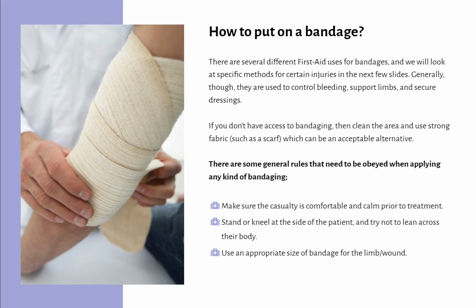There are some general rules that need to be obeyed when applying any kind of bandaging. Make sure the casualty is comfortable and calm prior to treatment. Stand or kneel at the side of the patient and try not to lean across their body. Use an appropriate size of bandage for the limb or wound.